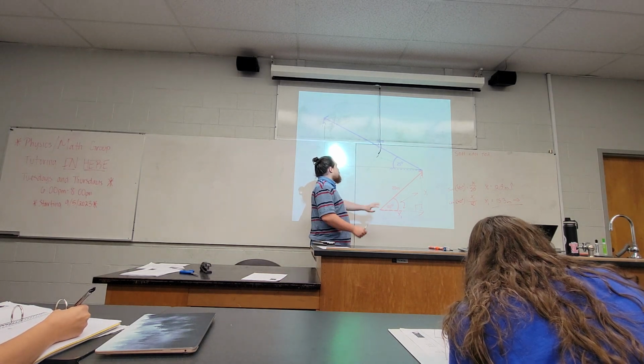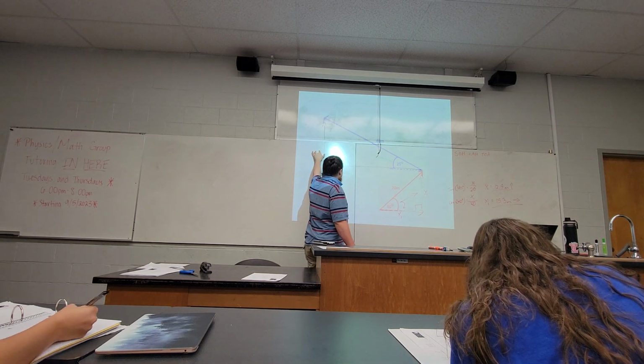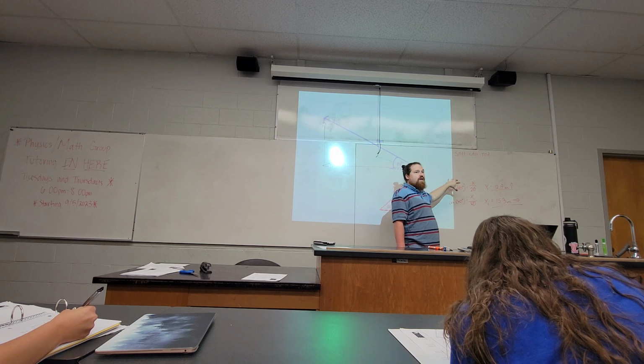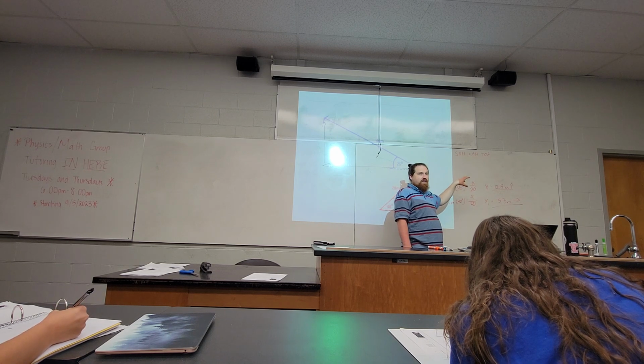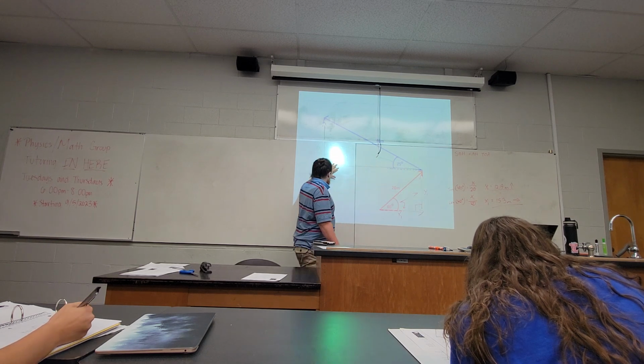And since x is still adjacent and y is still opposite, the same trig functions should help us here. You just want to make sure to plug in the new numbers for the second triangle. So I'm going to take these and repurpose them over here.